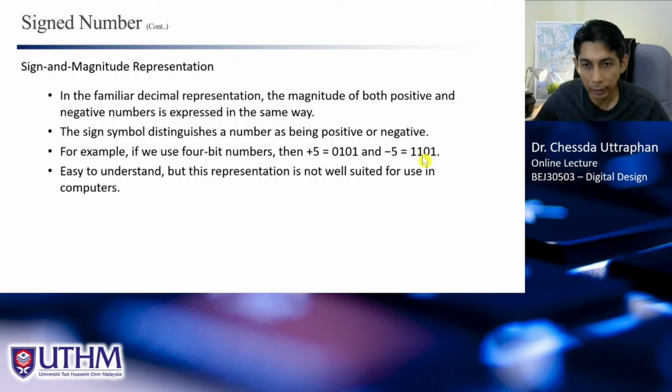Sign is 1 and 101 is the magnitude, which is actually number 5, so this means minus 5. Although this representation is easy to understand, it is not very useful and not easily used in hardware, right? And we actually don't use this representation in digital hardware.